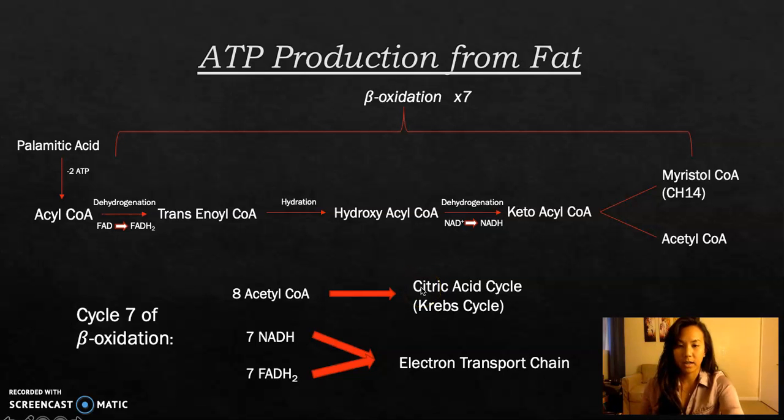And from there, it will continue on to the Krebs cycle. And these two here, the 7 NADH and the 7 FADH2, will proceed on to the electron transport chain, where they will be oxidized to produce ATP.